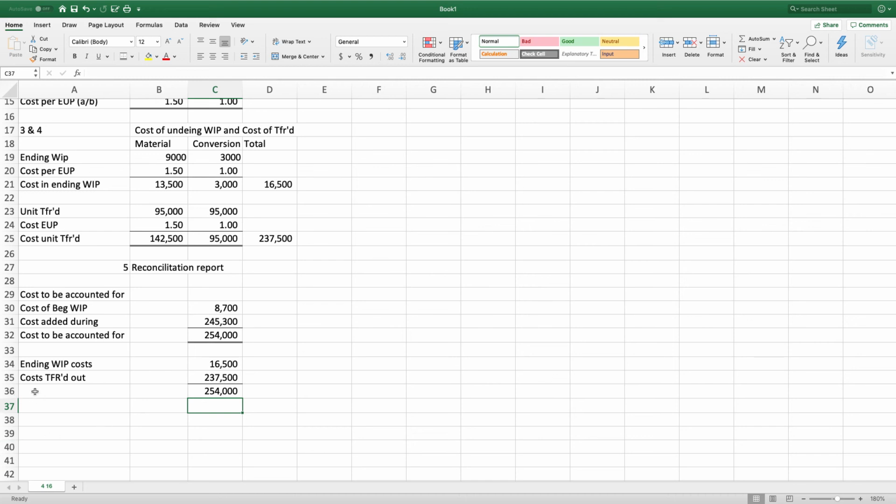And these are the total costs accounted for. So notice that they match, right? The beginning WIP and the cost that we added equal 254,000. The cost of ending WIP plus the cost of everything we transferred out equal 254,000.